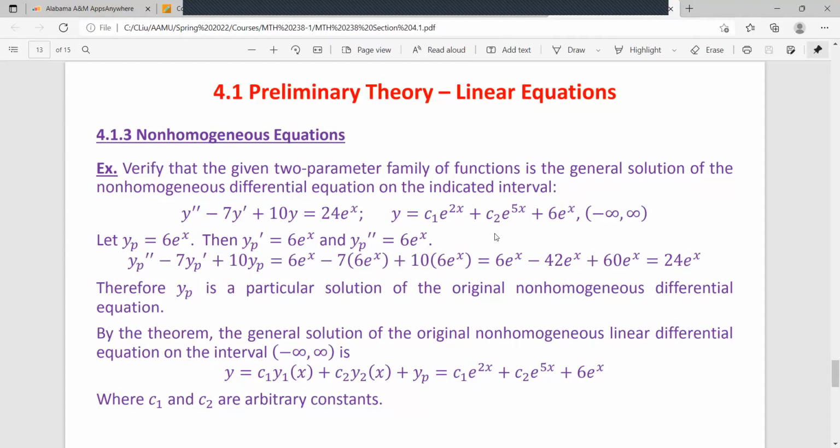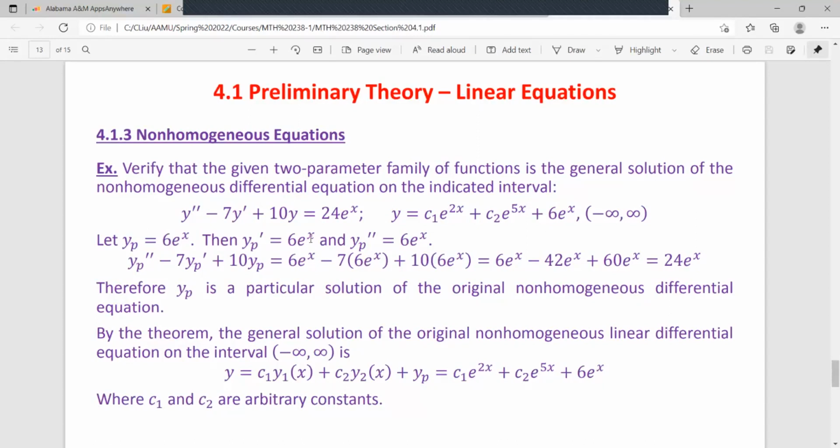But what we need to do now is to verify that 6e to the x is indeed a solution of the non-homogeneous equation in the problem. So once again, we need to find the derivative of yp, which is 6e to the x, and the second derivative of this function.